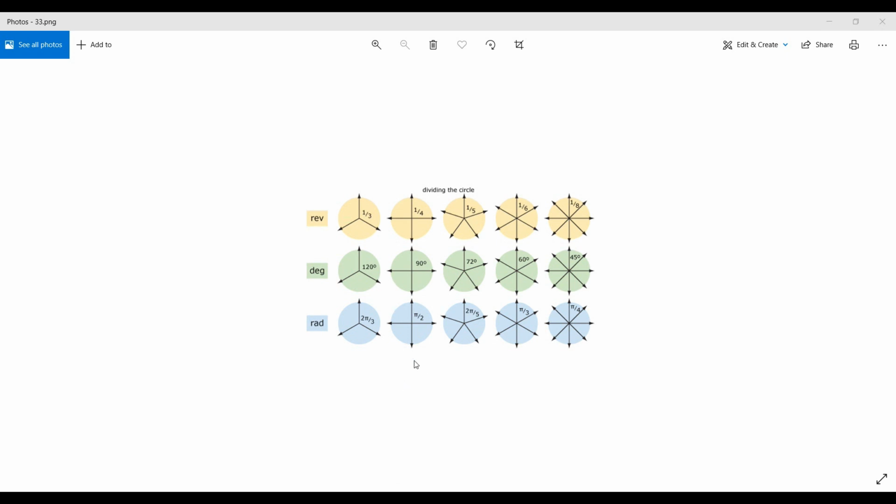It's 180 degrees. 360 is a circle, 360 degrees. 360 divided by 3 is 120 degrees. 90 times 4 is 360. 72 times 5, 60 times 6, and 8 times 45 is 360. So basically he has taken a circle and divided it into n number of times, and he has got the factors of it.